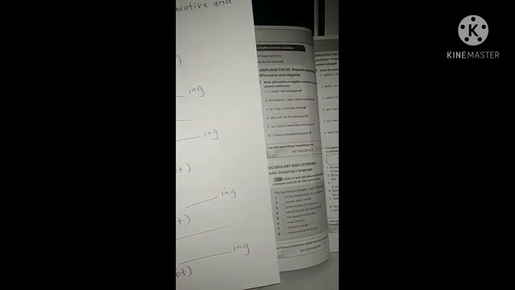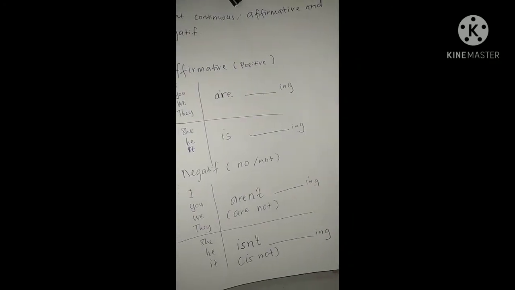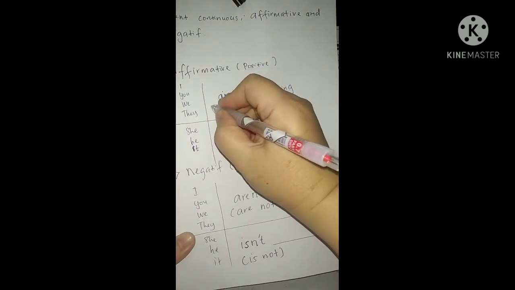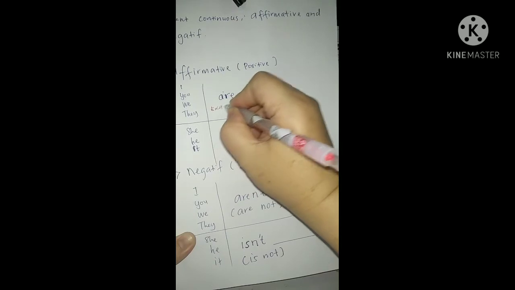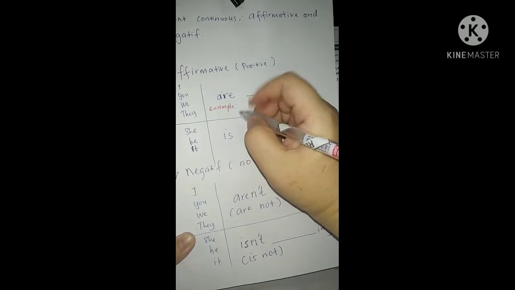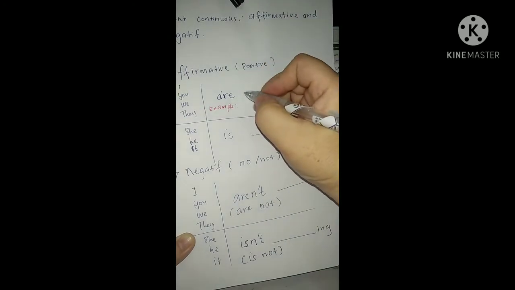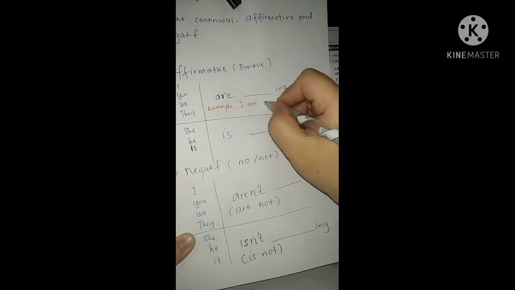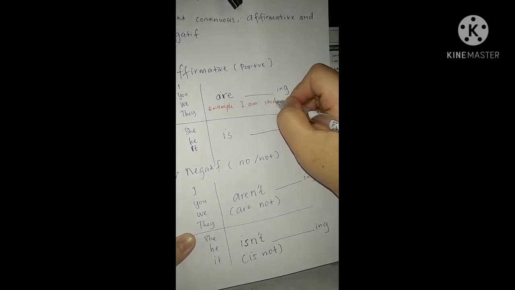I am studying 2 languages. Okay, we are doing the example here. Because it is I, and that is positive, we put I am studying.